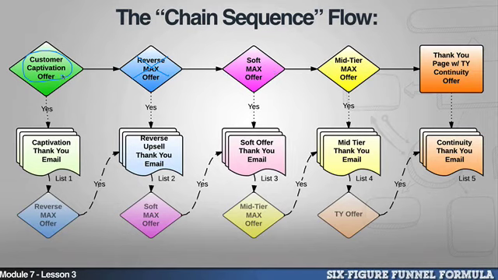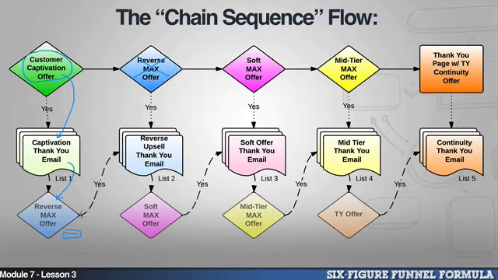Like you already know, they get put into this part of the chain sequence right here. They are given 2 opportunities to take advantage of the reverse add-on, the second chance. If they do, they go to a Lead Pages page where they enter their information and then they're off and running.